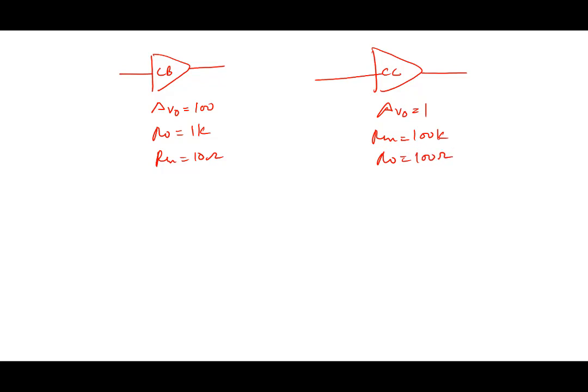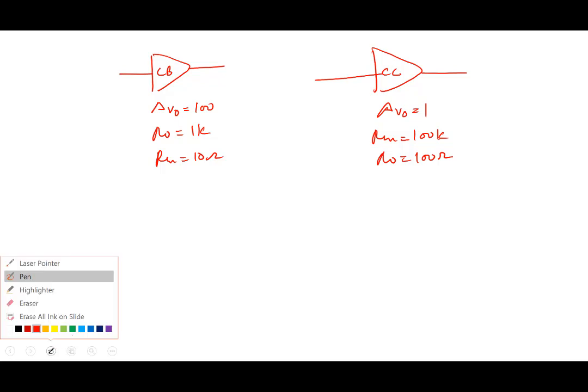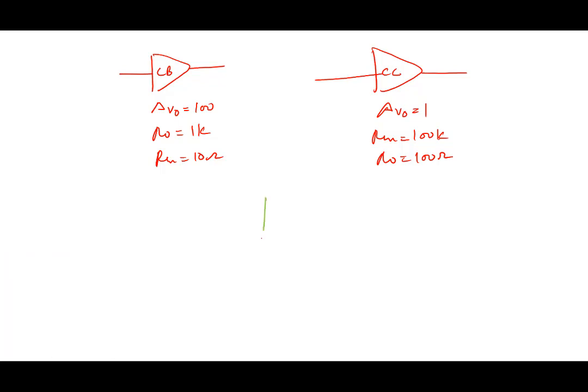If you connect a common collector like this, you think the problem is completely resolved. It is better if I use a common collector versus common base, right? Well, put here again 1K and put here 100 ohms.